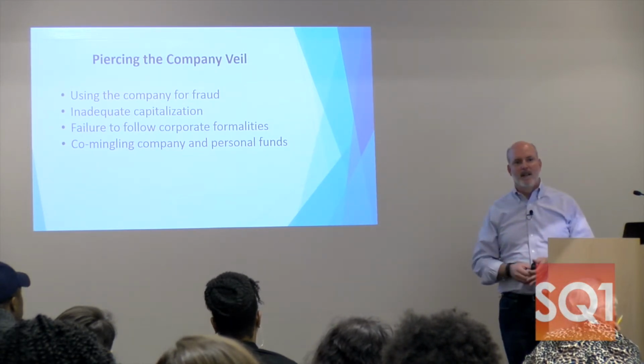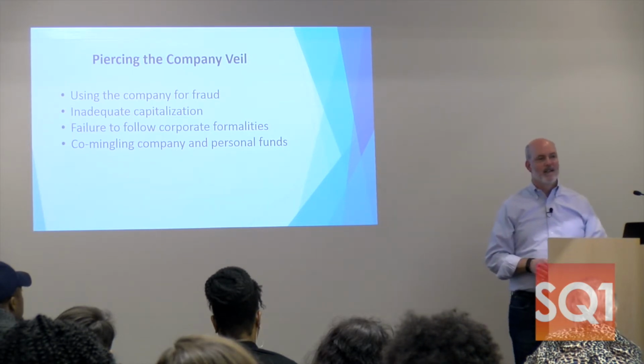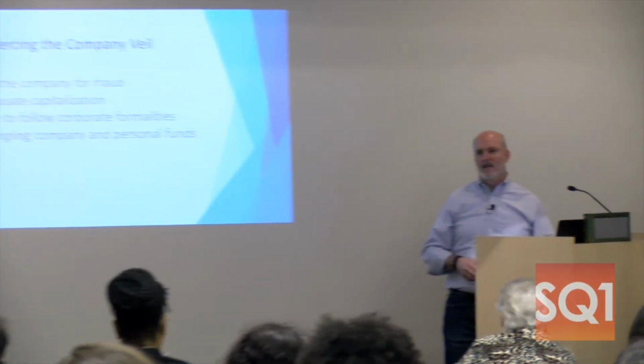It doesn't really have any assets, and then it disappears. And then the owners say, "Well, you can't sue me. It's the company's obligations and not me." That's a real extreme example, but that's the sort of thing that courts were responding to when they created this piercing the corporate veil, or piercing the company veil, approach.